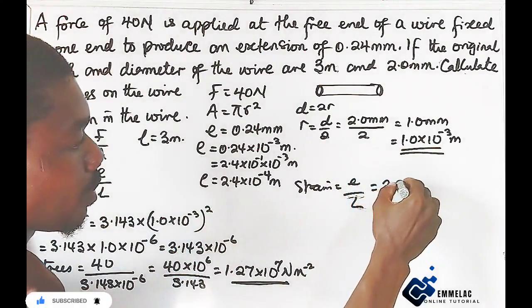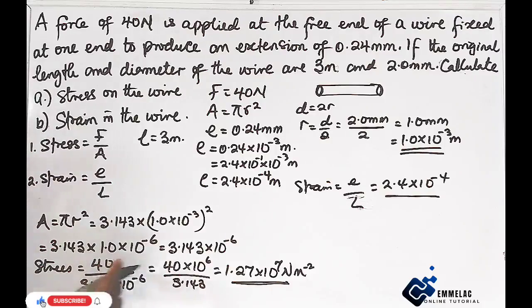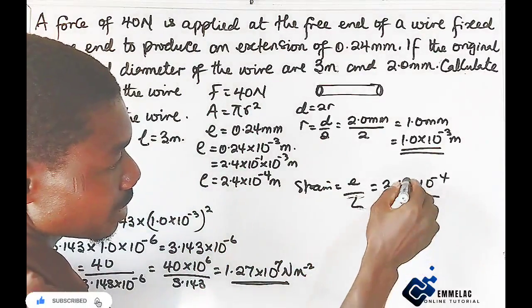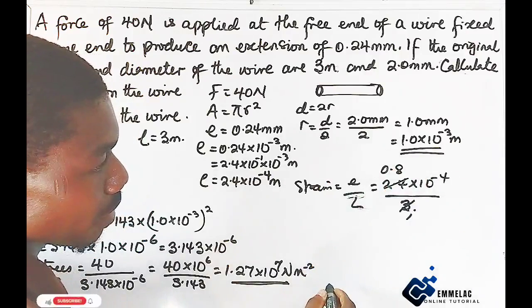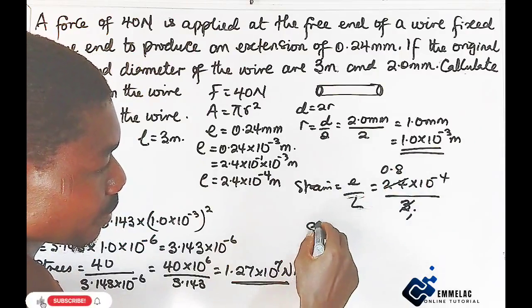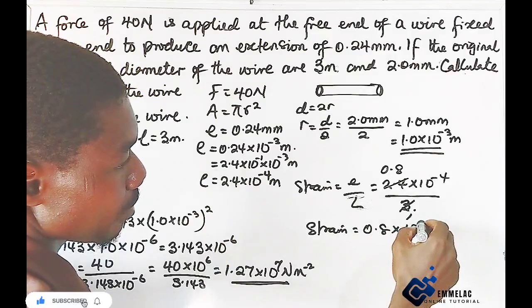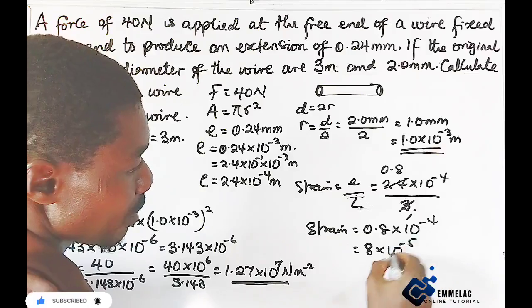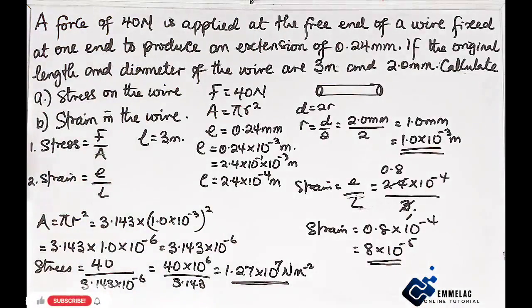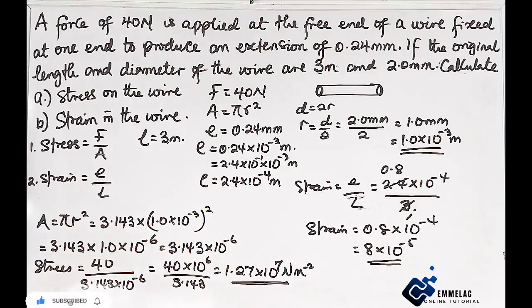So you have 2.4 times 10 to the power minus 4 all over the original length, which is 3. 3 in 2.4 will give us 0.8, and as such, the strain will be 0.8 times 10 raised to the power of minus 4, which could also be 8 times 10 to the power minus 5. It has no unit because the extension is in meter and the original length also is in meter.